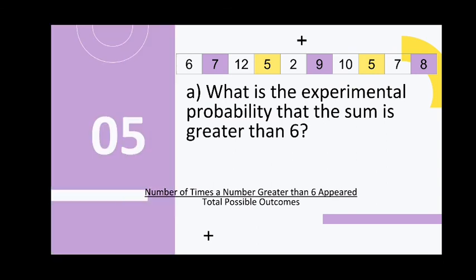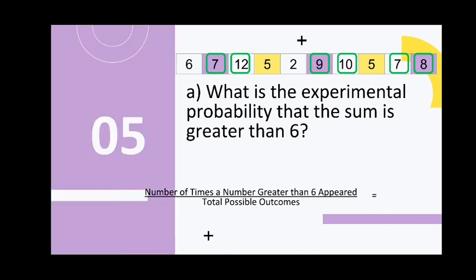So, identify muna natin kung ano-ano yung mga numbers na mas mataas kesa sa 6. Ang mga numbers na ito ay 7, 12, 9, 10, 7, and 8. So, ilan lahat yung mga numbers na mas mataas kesa sa 6?